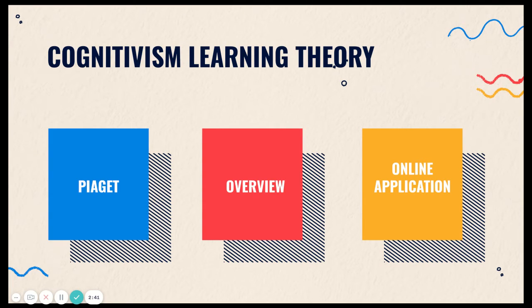The learning theory heavily relies on the internal thinking process. The theory suggests that using observation, classification, categorization, perception, interactivity, and reasoning helps learners understand new and complex concepts.